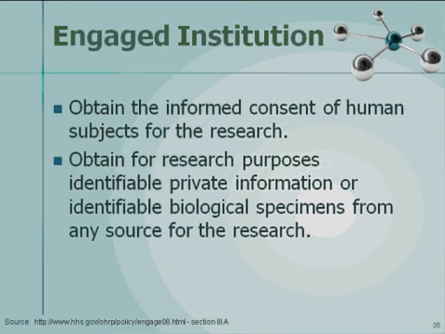If you're obtaining identifiable private information or identifiable biologic specimens from any source for the research. So again, these areas start defining the institution's role, but don't define the individual's.